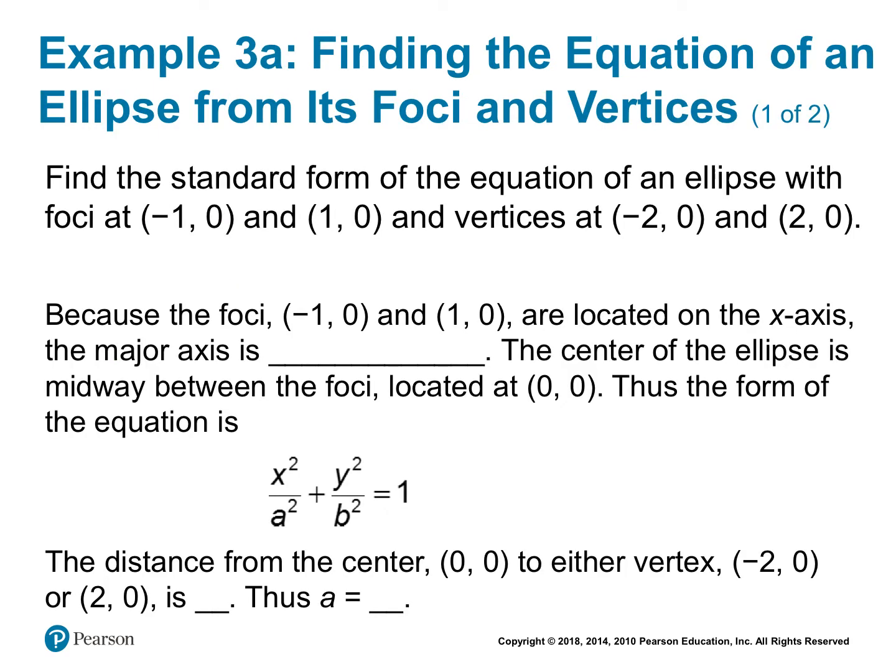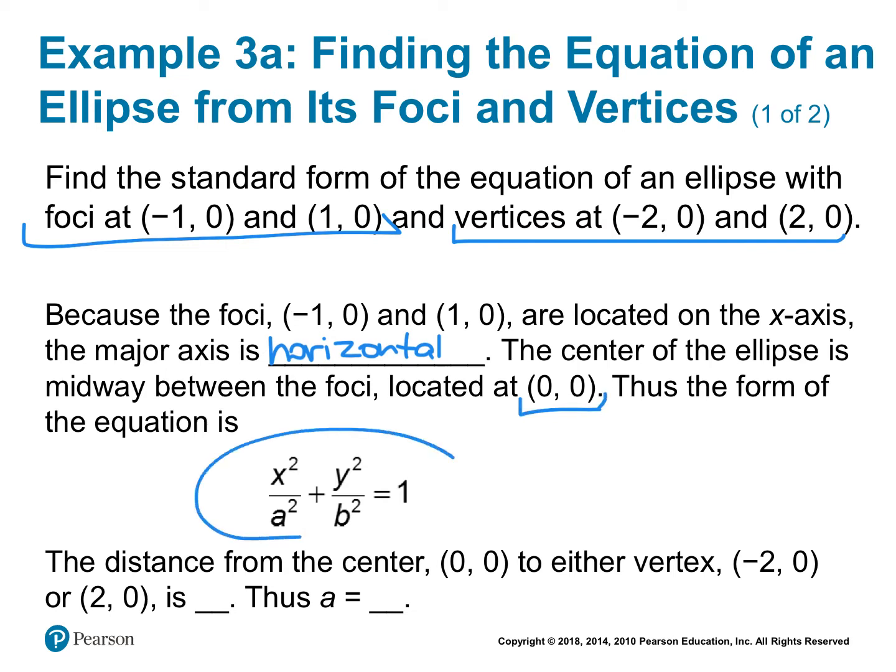Okay, so now we're going to kind of work backwards. So this time we know the foci, and we know the vertices. So because the foci are -1, 0, and 1, 0, and those are located on the x-axis, the major axis is going to be horizontal on this one. And the center of the ellipse is going to be in between those, which is going to be at 0, 0.